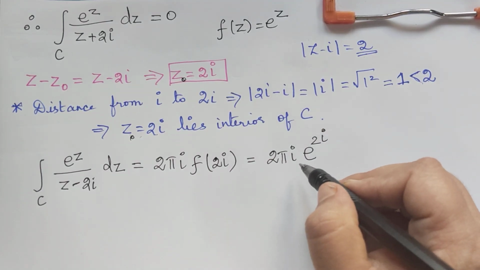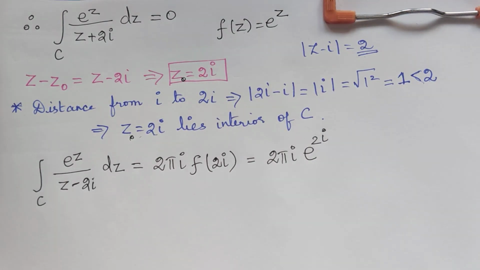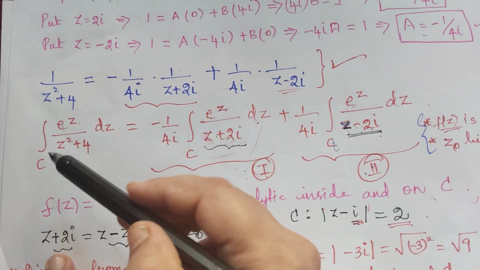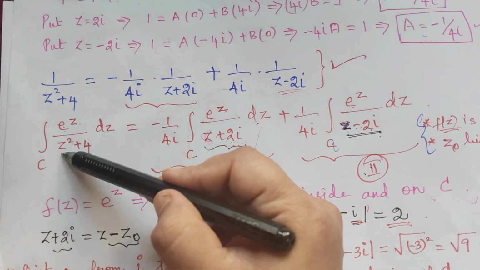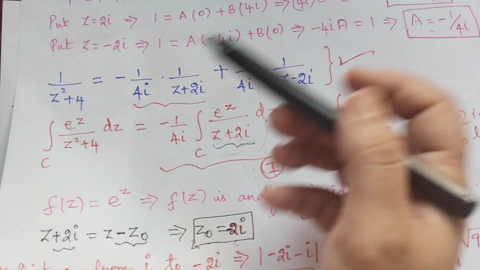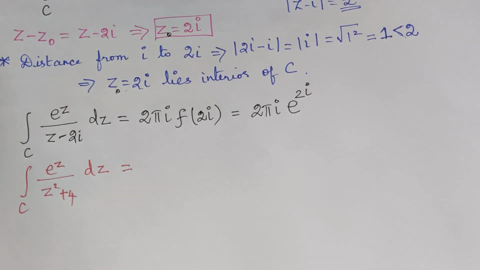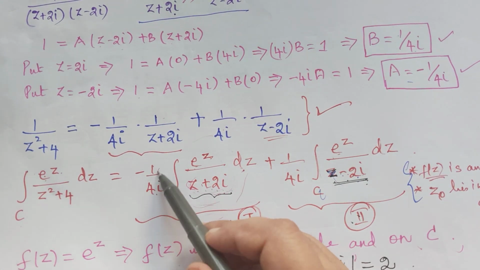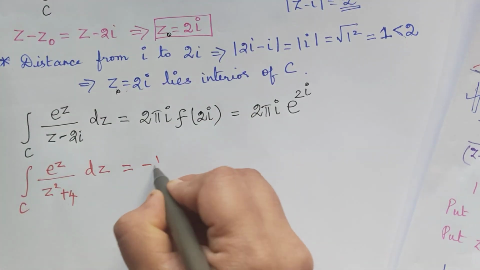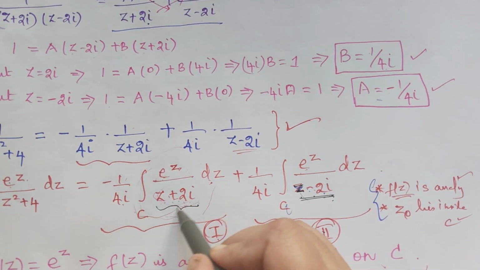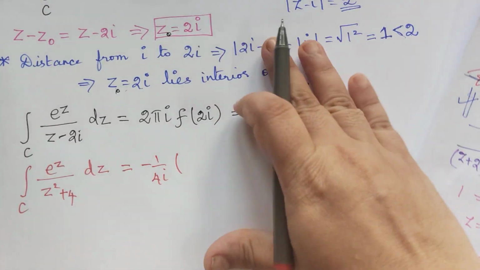Now after evaluating the second integral, we can substitute both the integrals over here. So we get the integral over C of e power z by z squared plus 4 dz to be equal to, first, minus 1 by 4i multiplied with the value of the first integral.